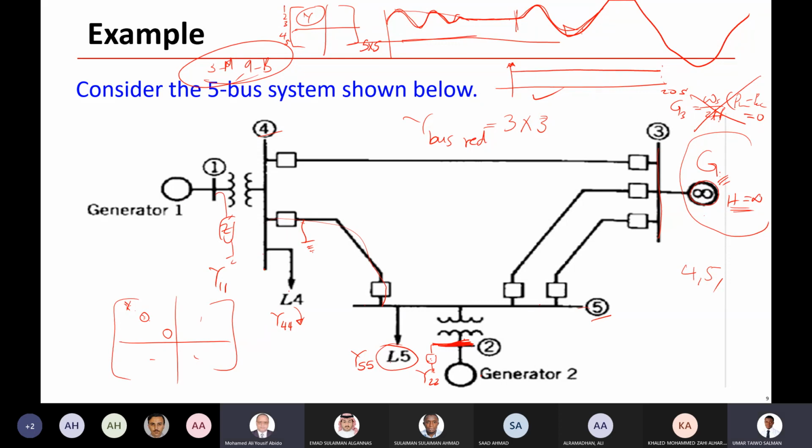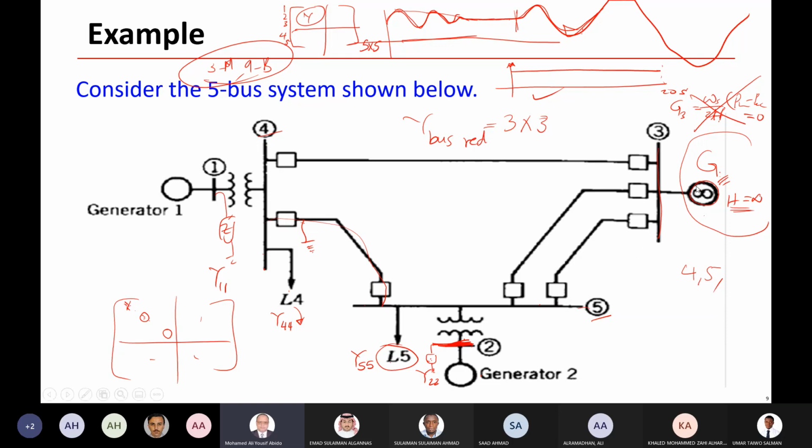Why 2? Because it would have been 3, but the infinite bus has no swing equation because H is equal to infinity. So there is no change in angle, there is no change in frequency, there is no change in speed.